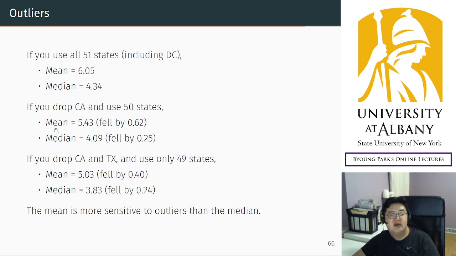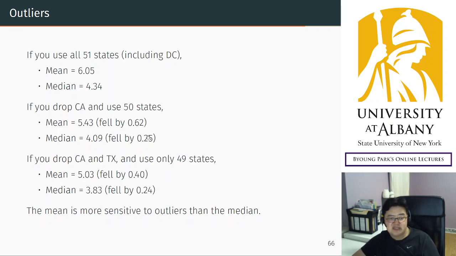Without California, the mean becomes 5.4, the median becomes 4.09. So what you want to see here is how much California changes the mean and the median. Simply by deleting California, the mean dropped by 0.6, but the median dropped by 0.25.